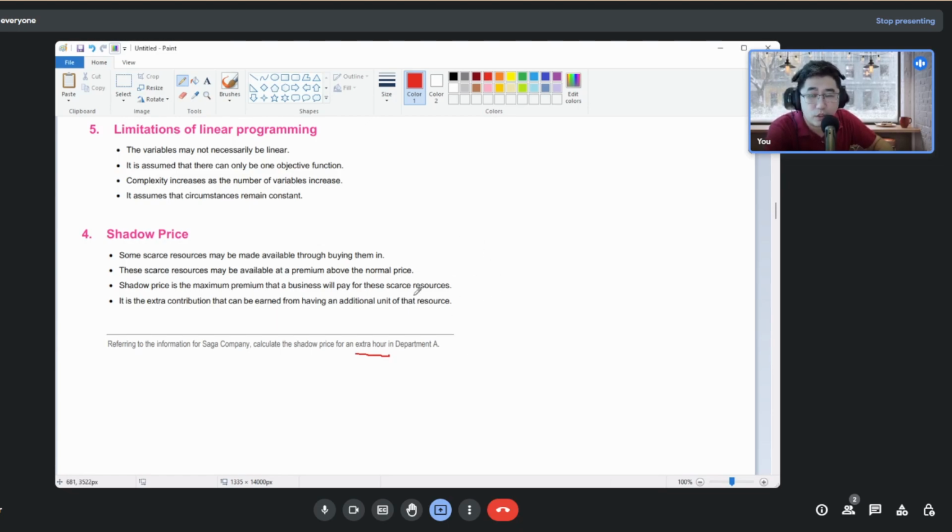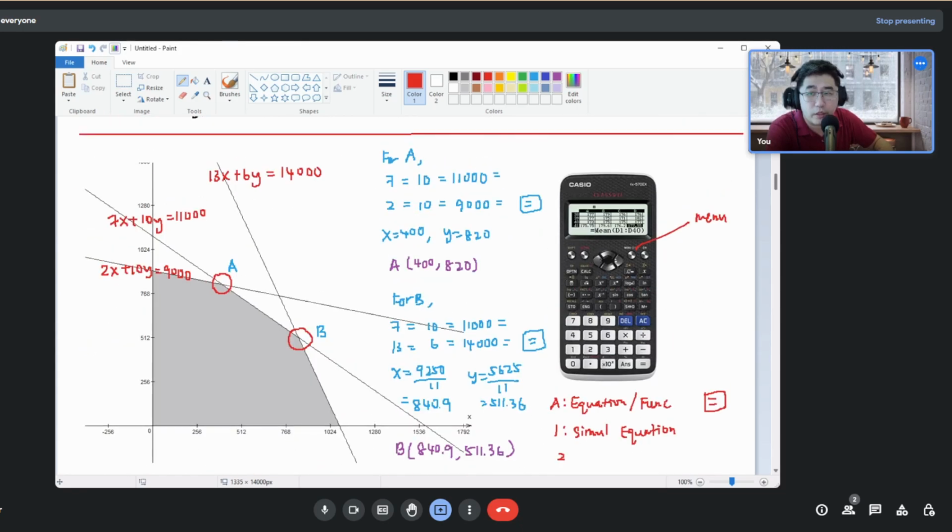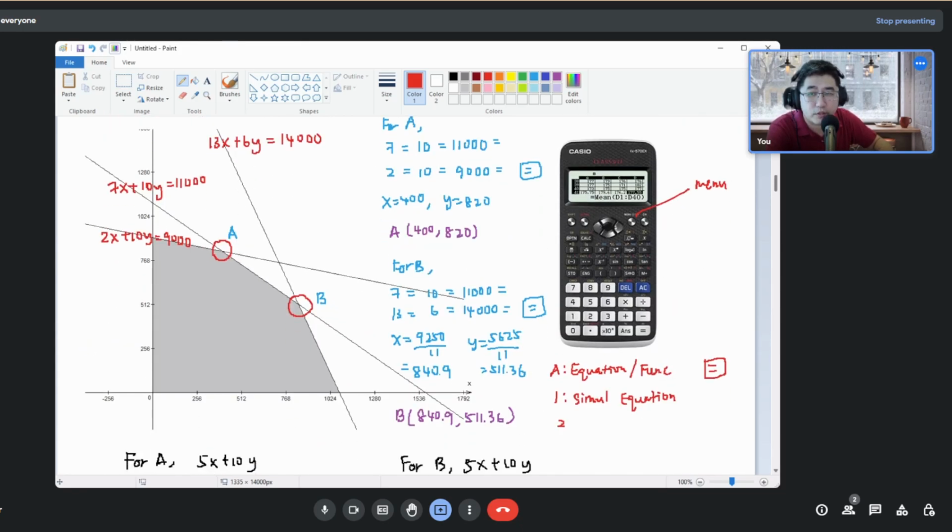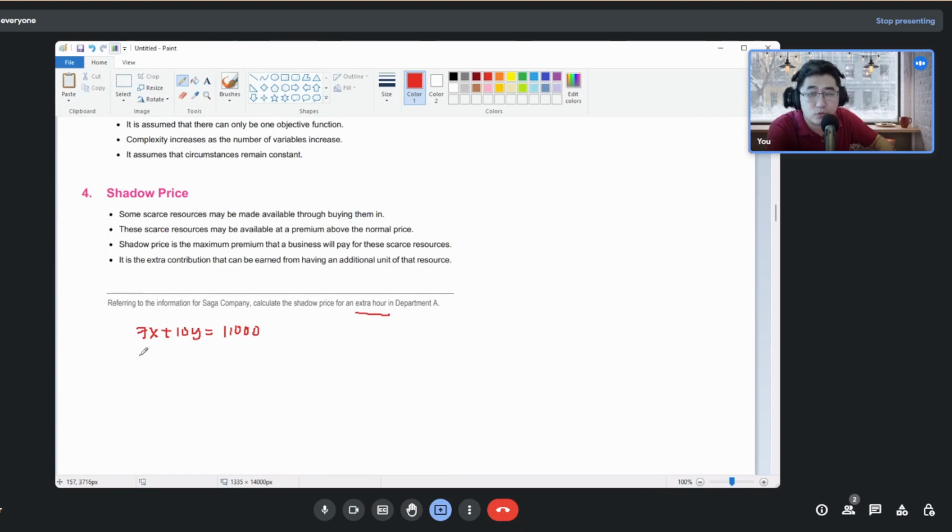Over here, earlier you have 7x plus 10y equals 11,000, and 2x plus 10y equals 9,000. This gives you the solution of x equals 400, y equals 820.